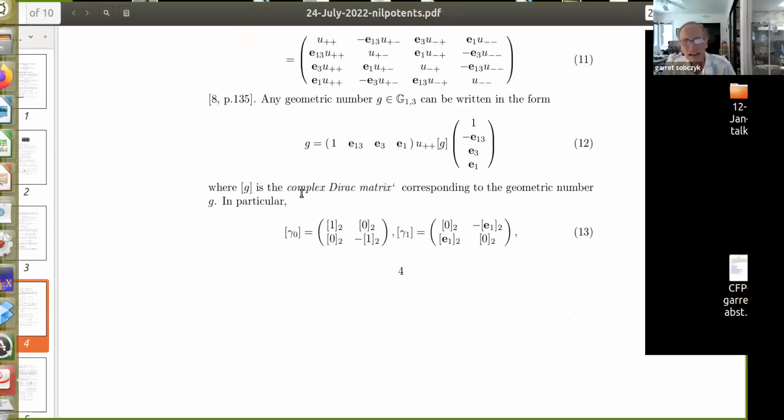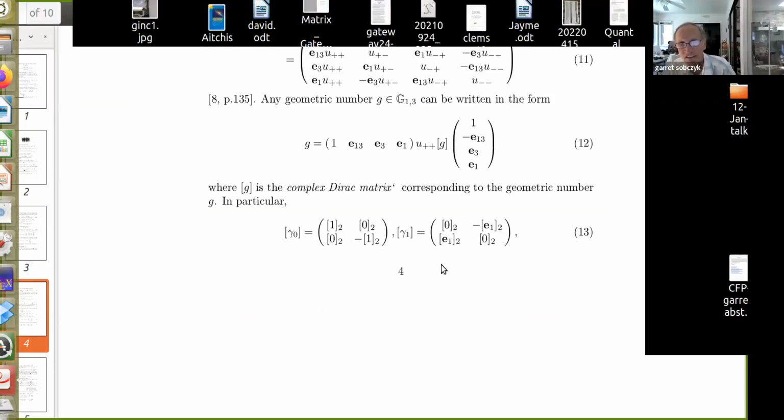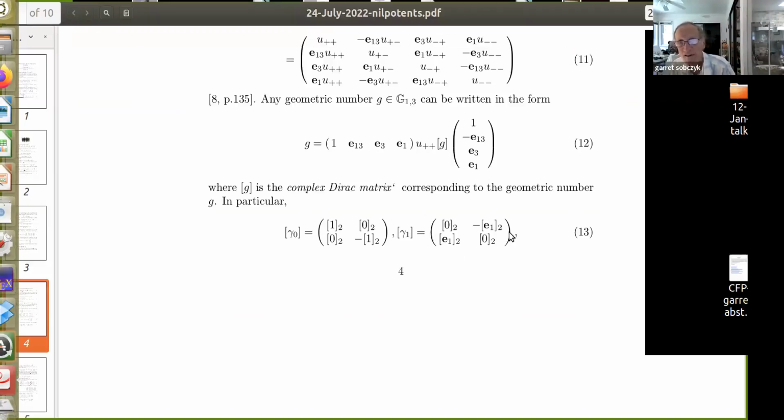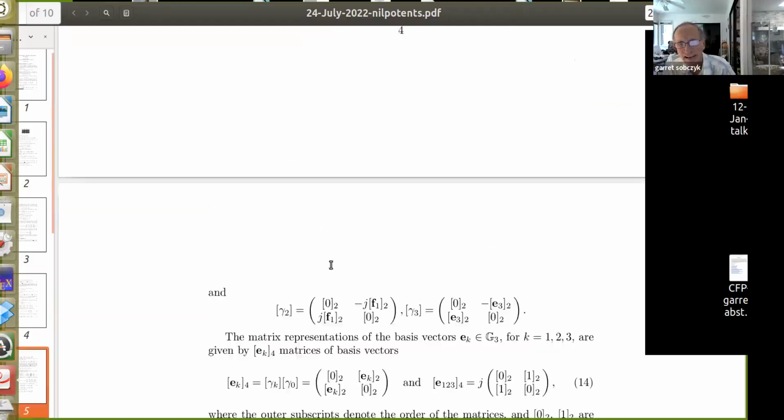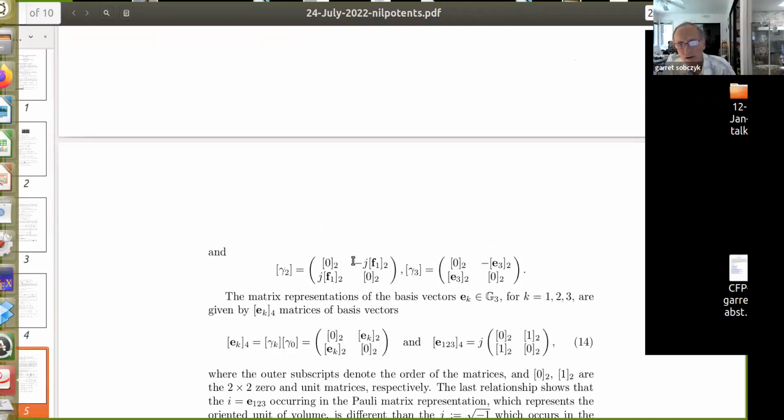Okay, but anyway, the complex Dirac matrices are exactly identified in this way using 11, and are exactly the usual ones. You take sigma 1 along the diagonal with the minus sign. These are the usual standard Dirac matrices, defined in terms of, but notice this thing.